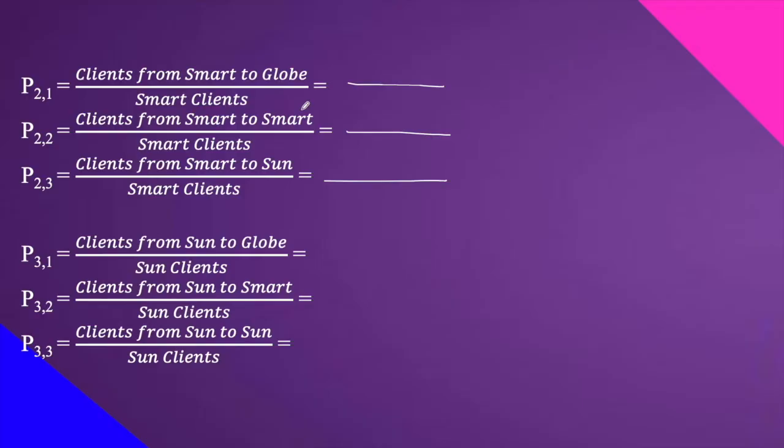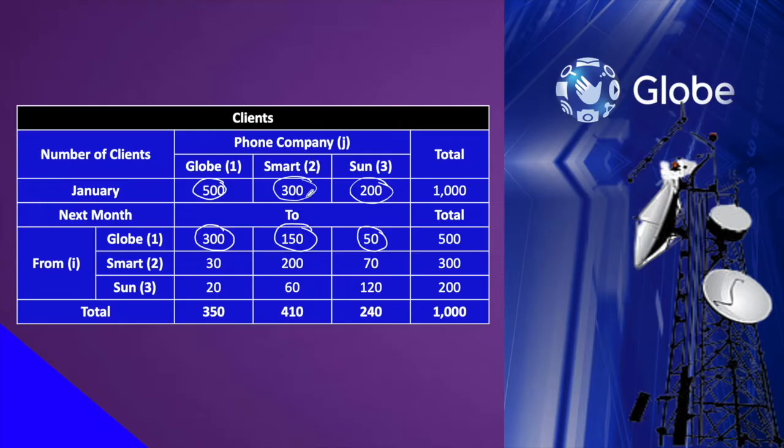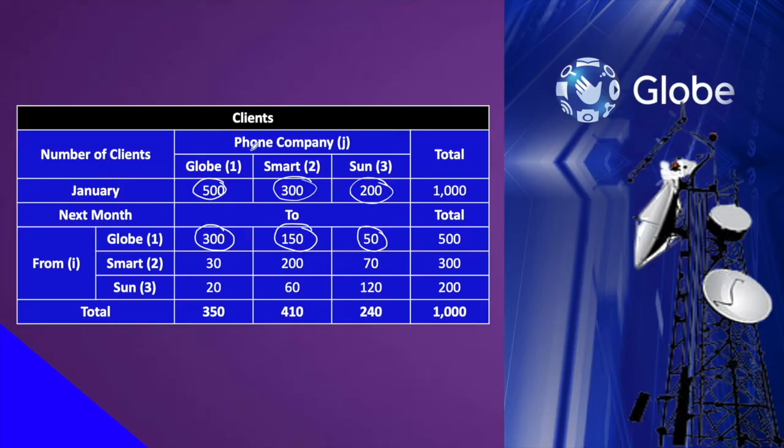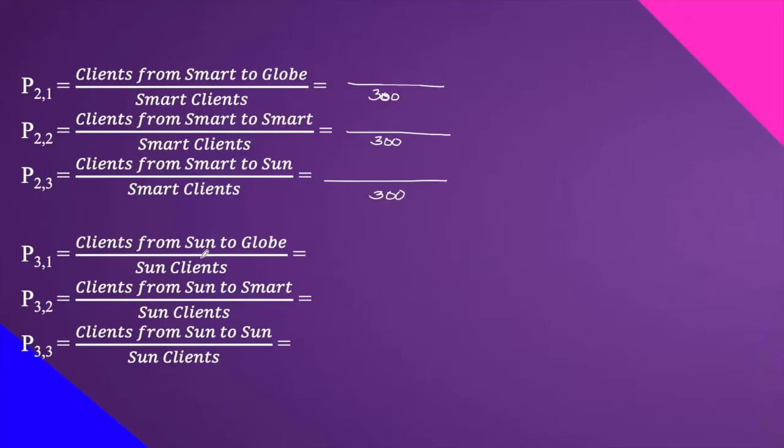For the Smart clients, we have a total of 300. Let's put 300 on each. Now, clients from Smart to Globe. Where is that? Let's check. Smart to Globe, that is 30. So, 30 over 300. And 30 over 300 is equivalent to 0.1.